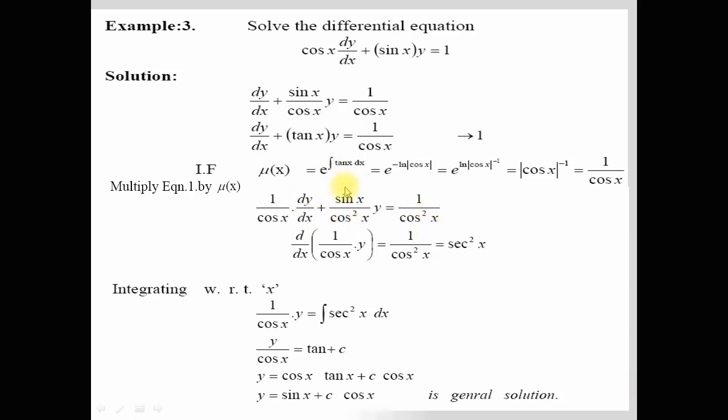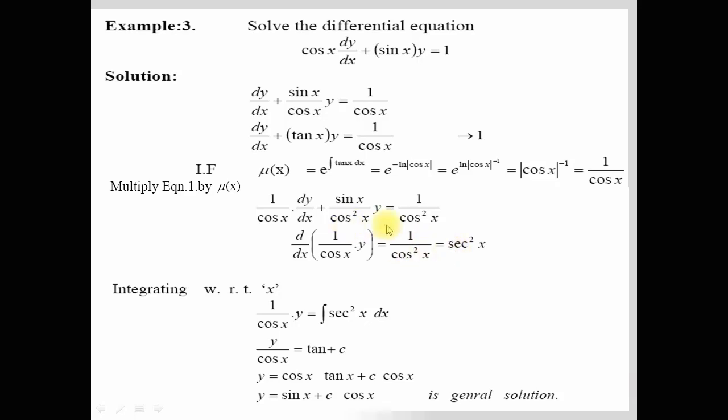And dear students, you see here that this differential expression is the derivative of (1/cos x) · y, which we find by the inspection method using the product rule. And 1/cos² x is as it is, which is equal to sec² x.